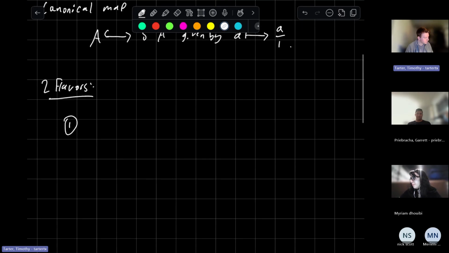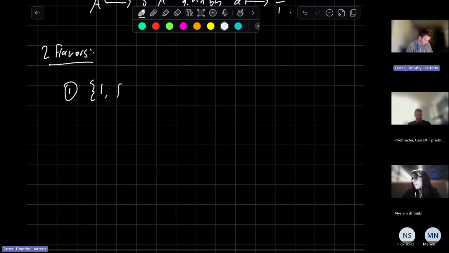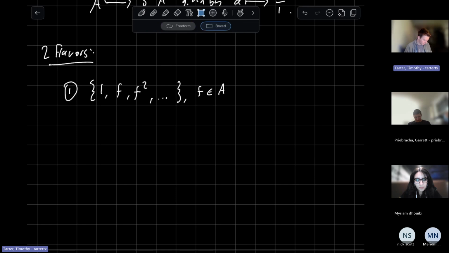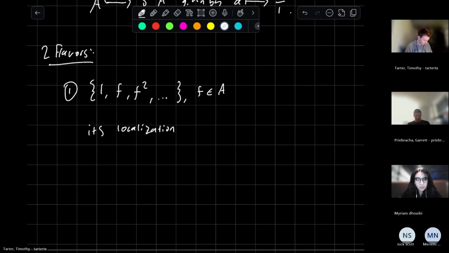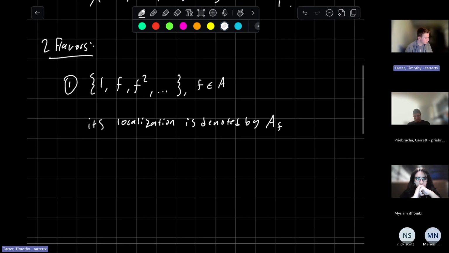The first is of the form 1, f, f squared, and so on, where f is in A. Its localization is denoted by a subscript f.